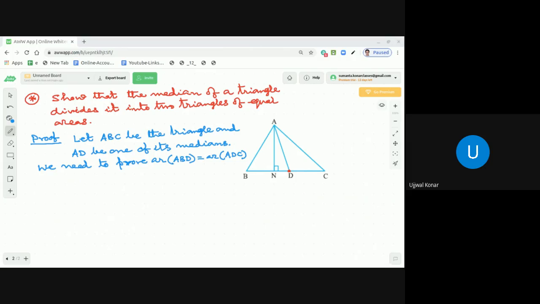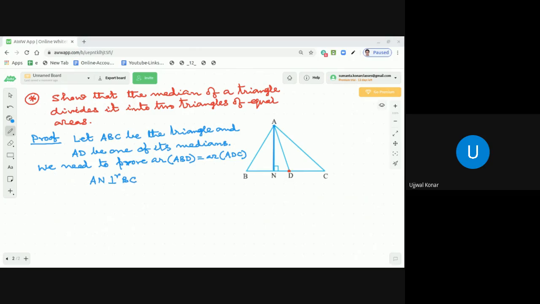We know the formula of the area of a triangle involves the altitude. So let us draw an altitude AN from the vertex A to the base BC. You see AN is the altitude. That means AN is perpendicular to BC.